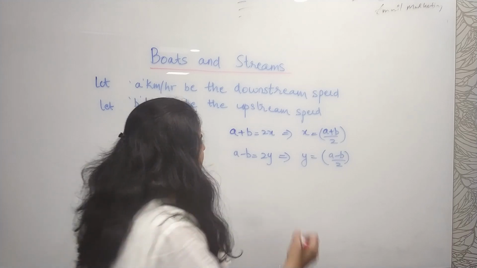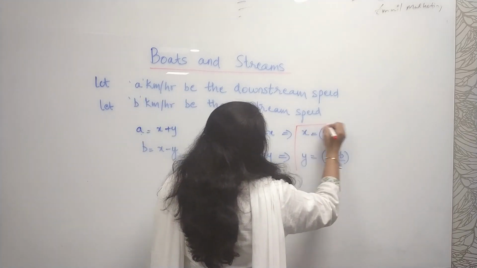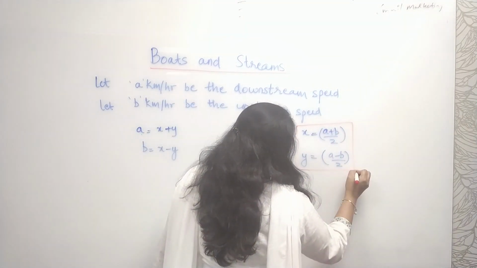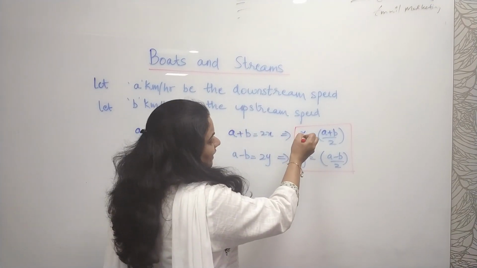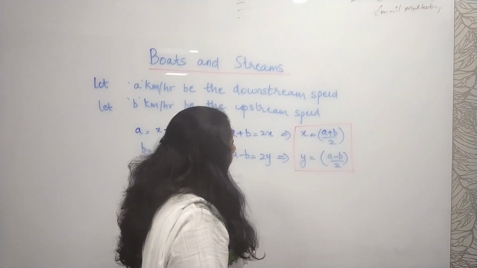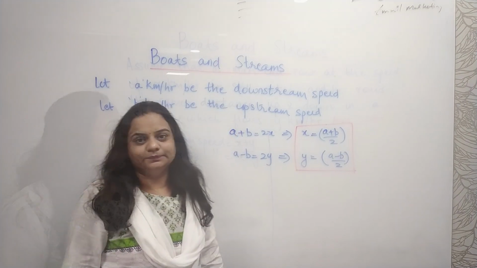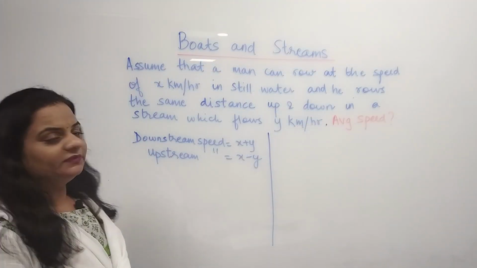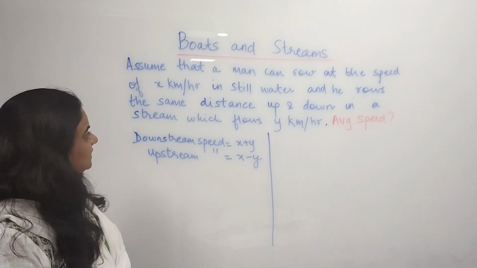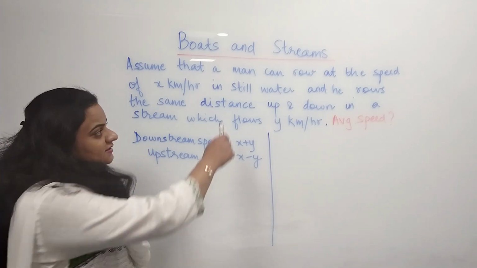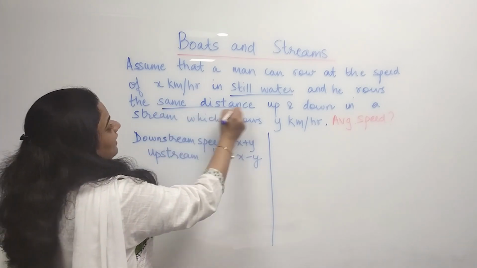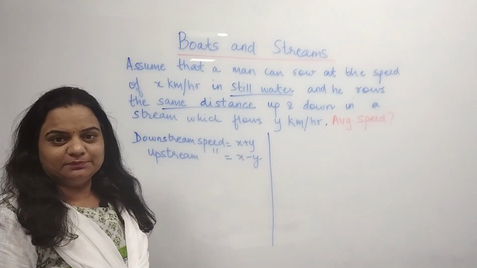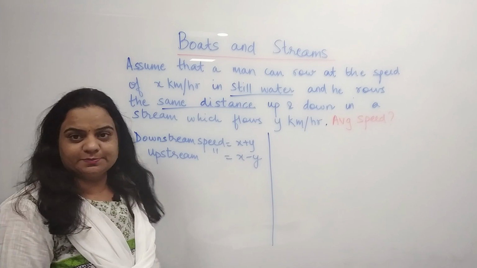These two equations are useful when we are given the downstream and the upstream speed and we need to calculate the rate of boat in still water and the rate of stream. Let us assume that a man can row at the speed of x km per hour in still water and he rows the same distance up and down in a stream which flows y km per hour.